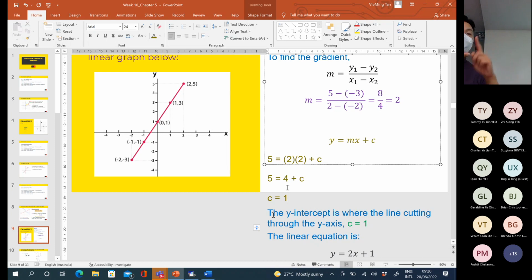So once we know the c and also the m value, it's straightforward, we can make the conclusion about the linear equation. What is the name of this linear equation that can be formed if we join these 2 coordinates? So the answer is y equals 2x plus 1.